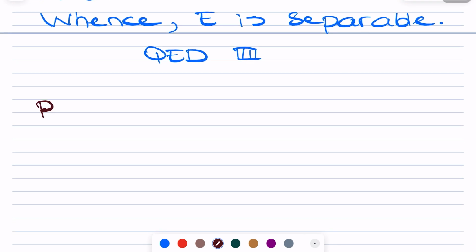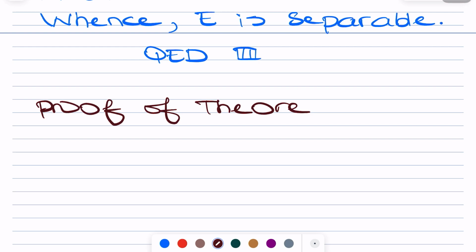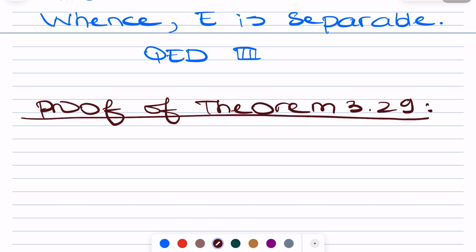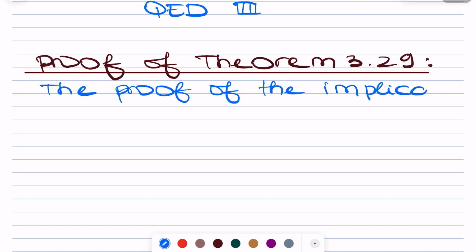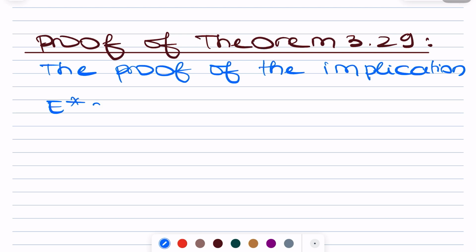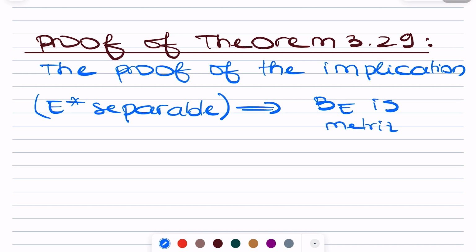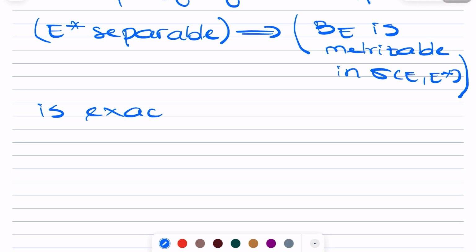comment a bit about the proof of the Joule statement, right? So that is the proof of theorem 3.29. The proof of the implication "E is separable implies that the closed unit ball in E star is metrizable in the weak star topology sigma(E star, E)" is exactly the same as the one in theorem 3.28.